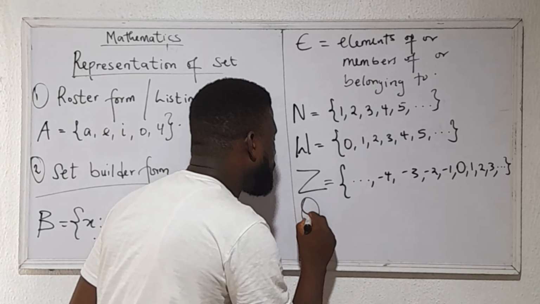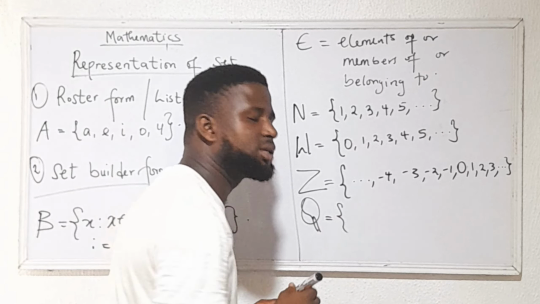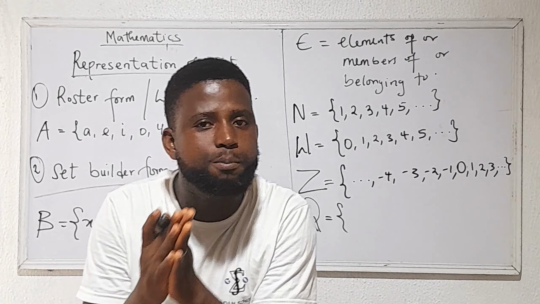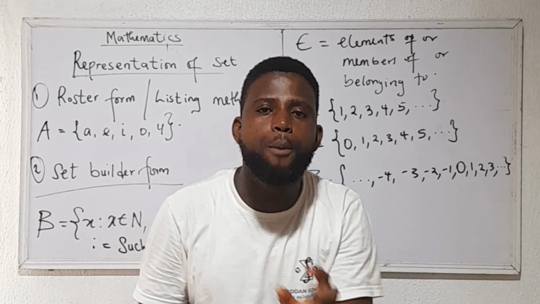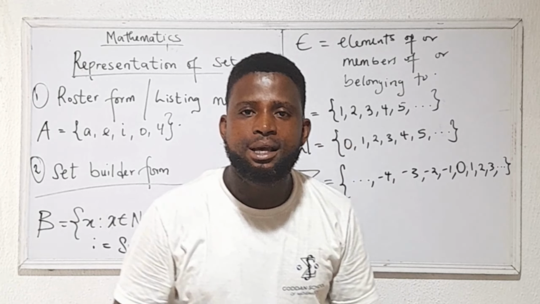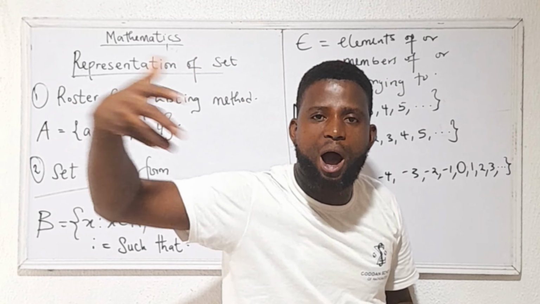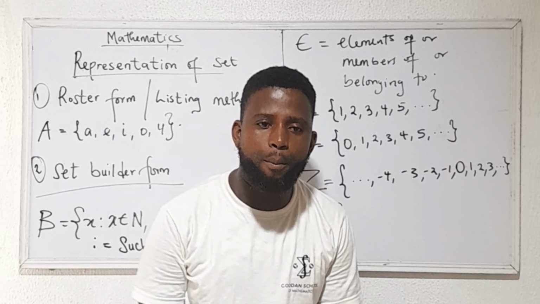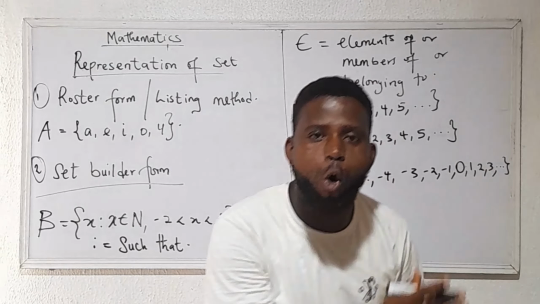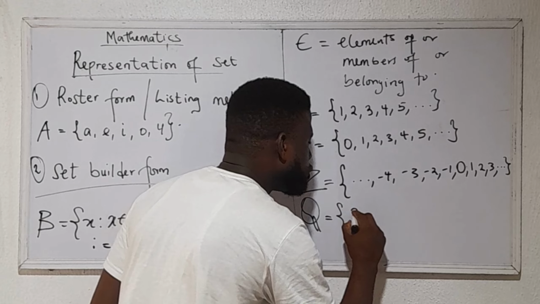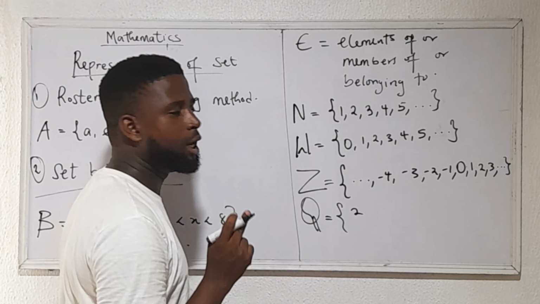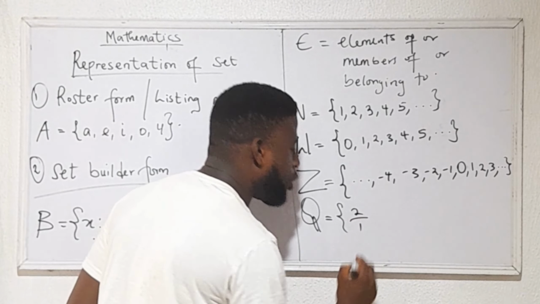Then we have the set of rational numbers. The set of rational numbers is the set of numbers that can be expressed in the form of a fraction. That is, any number that can be expressed to have a numerator and a denominator. That is, a number that can be expressed as a ratio of another number. For example, 2 is a rational number because 2 can be expressed as 2/1.